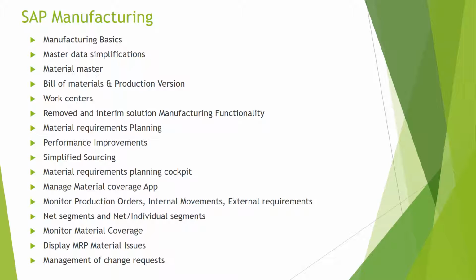Additionally, changes exist in the material master on the MRP tabs. On the MRP1 tab, the lot size unit of measure group has been removed. Within the retail industry set, this functionality is still enabled.